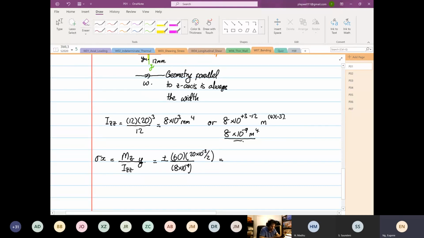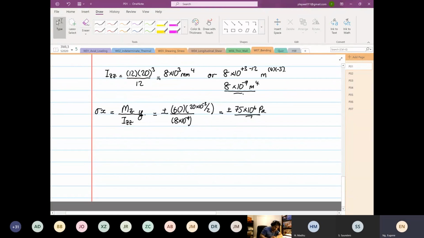So this will be equal to 20 power minus 3 by 2 times 60 divided by 8 power minus 9. So it's equal to plus or minus 75 times 10 to the power 6 Pascal.